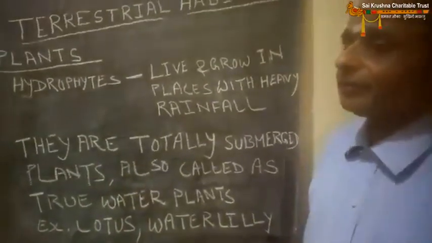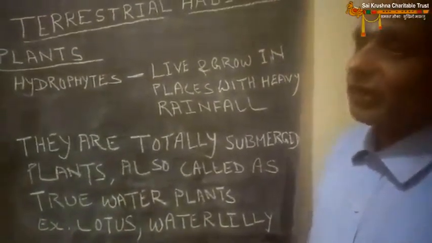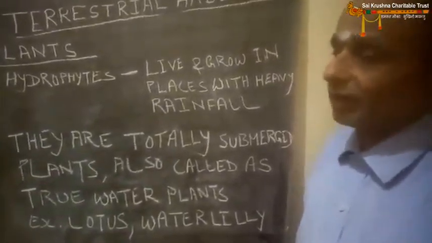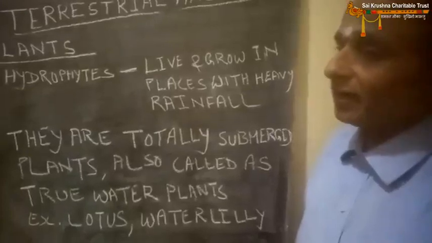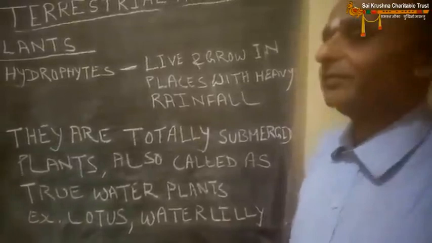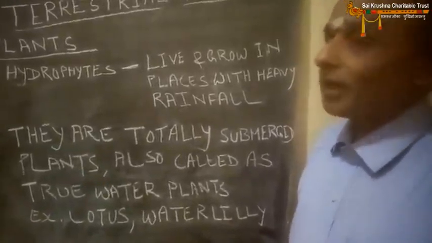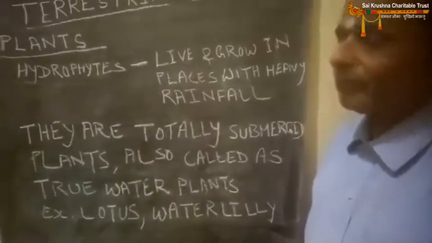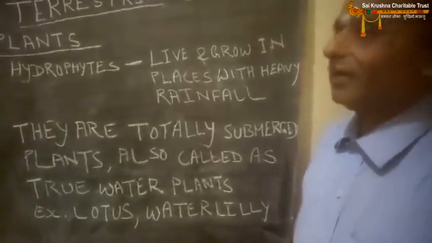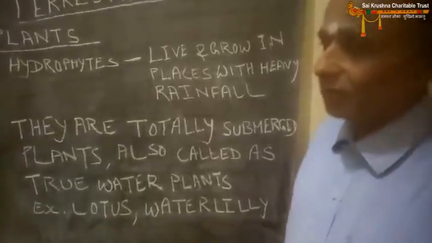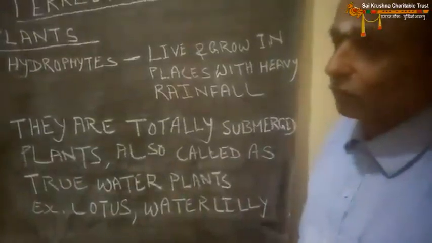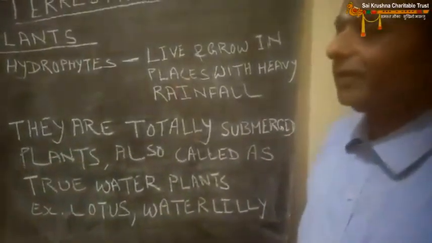Now you see, there are different types of plants growing under different rainfall conditions. What I mean by this is, places where there is heavy rainfall, plants are grown, and there is a name given to plants that grow in places where there is heavy rainfall.